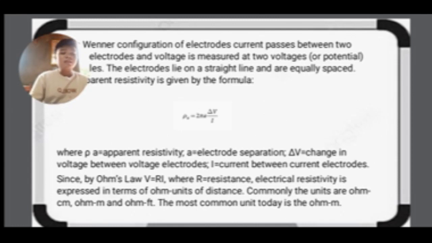If the material that the current passes through is uniform to infinite depth, then whatever the electrode spacing, there will be no change in resistivity.